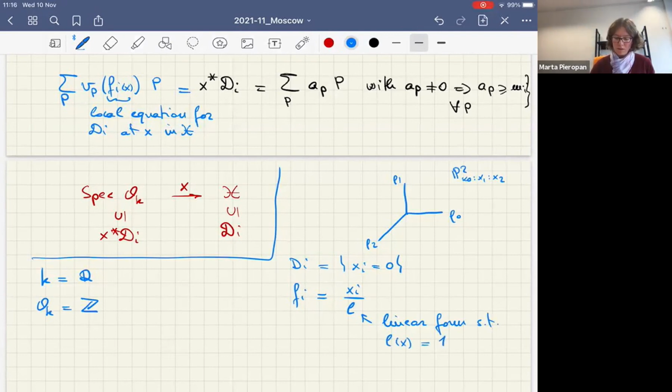So we look at the principal open subset of P2 defined by L being non-zero, but if we look at this principal open subset as a subset of P2, say, over Z, if we want the integral point X to be contained in such an open subset, then the condition is really that it has to be one linear form that satisfies this condition. Otherwise, the point is not fully contained in the open subset. So this would be a local equation on such an open subset for my point.